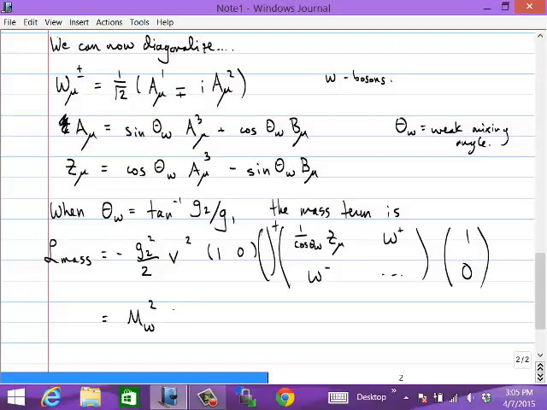a mass term for the W bosons plus a mass term for the Z bosons. I've introduced a relative factor of 1/2 here, because I'm thinking of these W's as being a complex vector field.